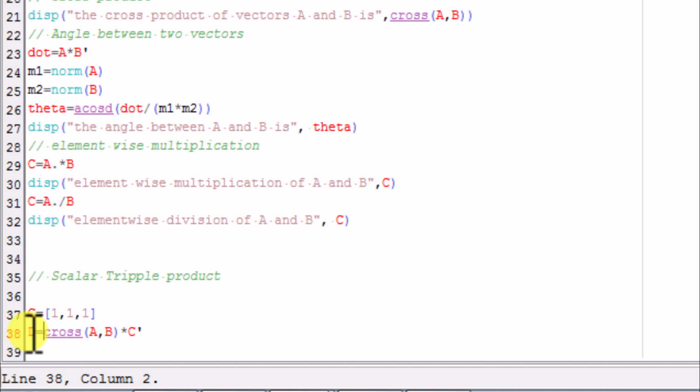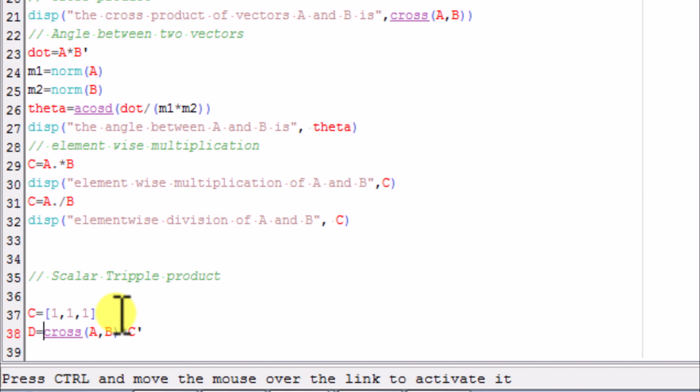First we are taking the cross product of a and b, and when we take the cross product of two vectors, we get a third vector. Then we take the dot product of this with c prime. The cross product of a and b is a vector, c is also a vector, and in the case of the triple product we calculate the cross product between any two vectors and take the dot product with the third vector.